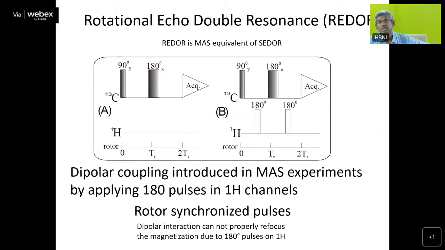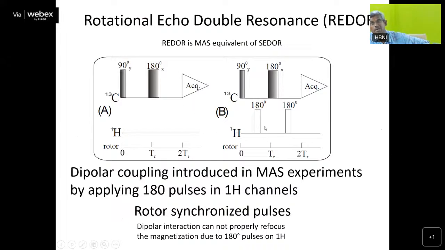But here, in addition to applying the 180 degree pulse, we rotate the sample also. You see here, in experiment A, we are only measuring the spin echo. I am applying a 90 degree pulse around the y-axis, and again a 180 degree pulse around the x-axis. I get an echo and I measure the echo.